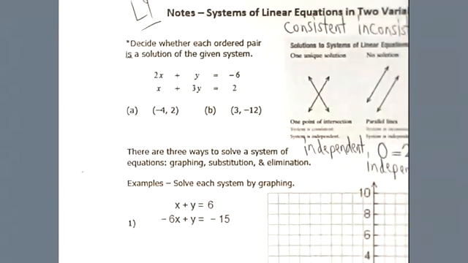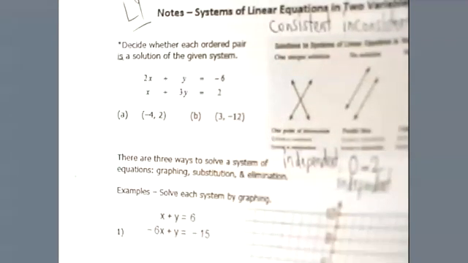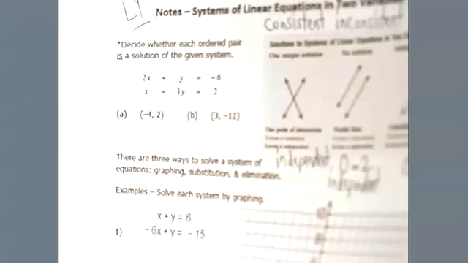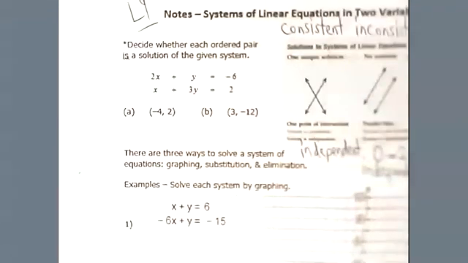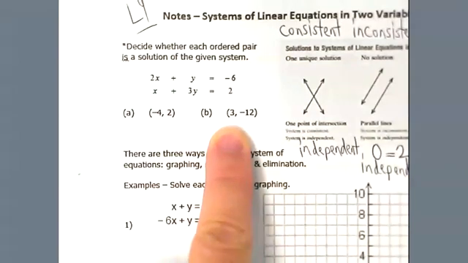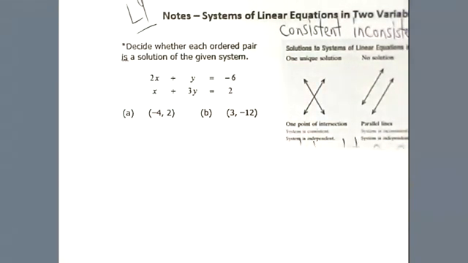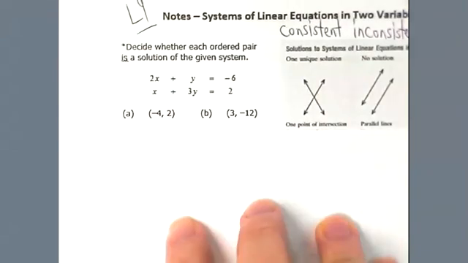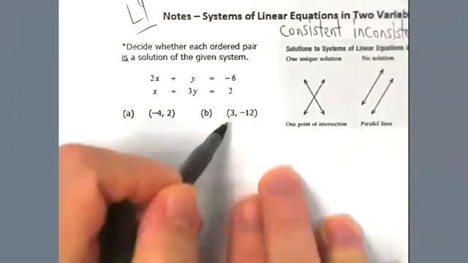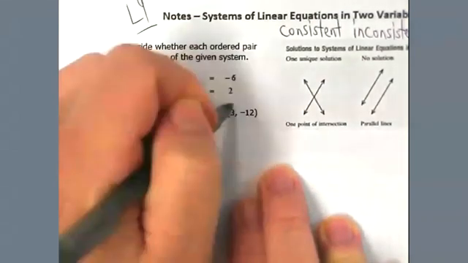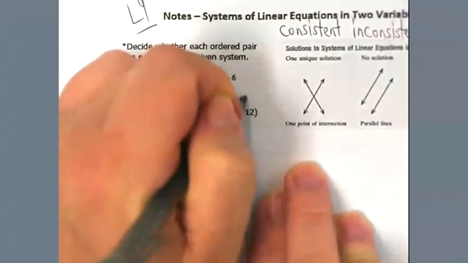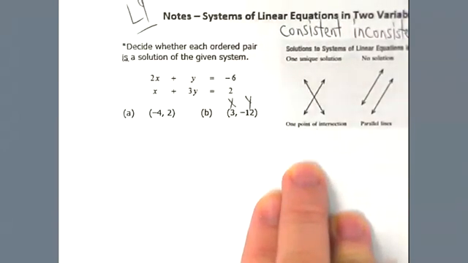And let's just look at one of the ordered pairs. Let's test 3 and negative 12 and see if that is a solution to this system. So your x coordinate is 3, and your y coordinate is negative 12.